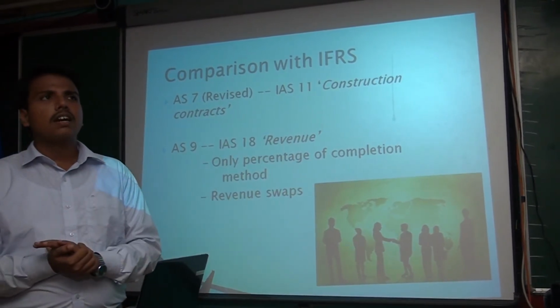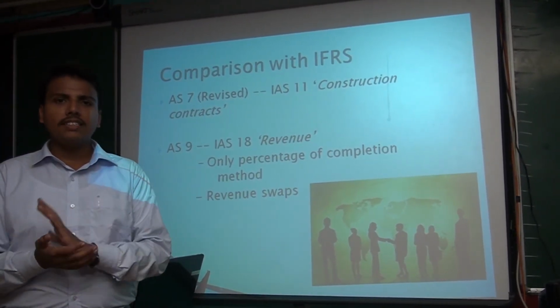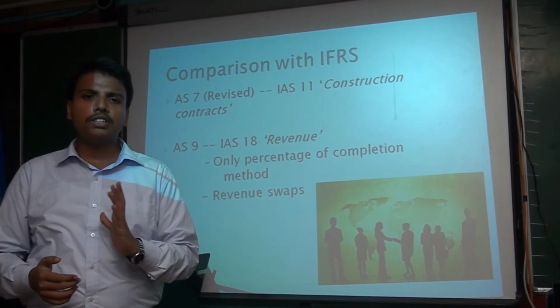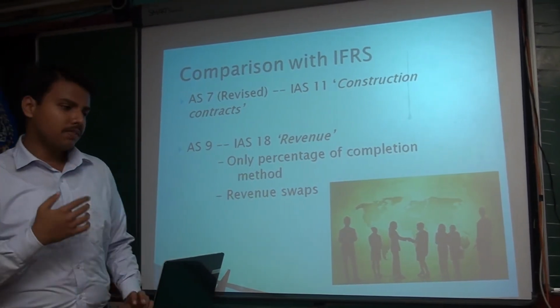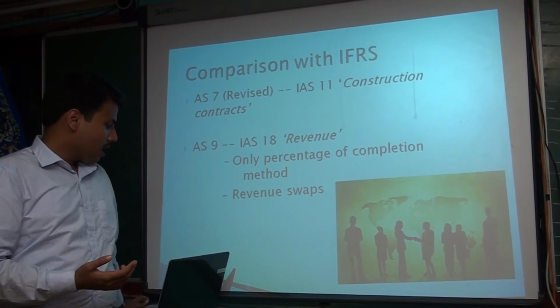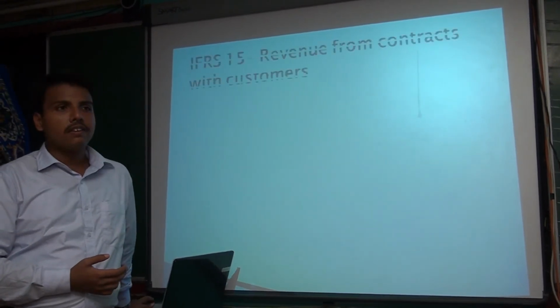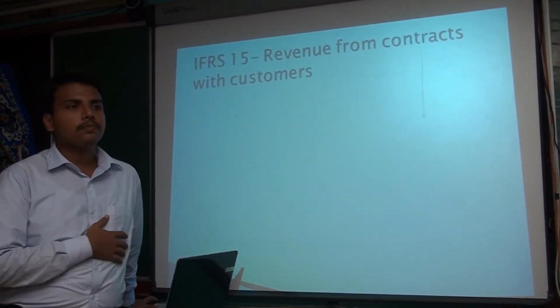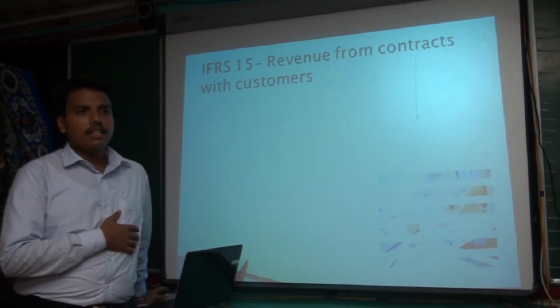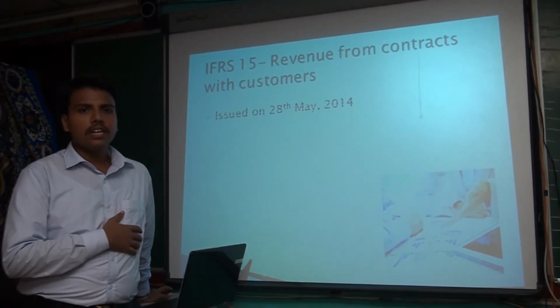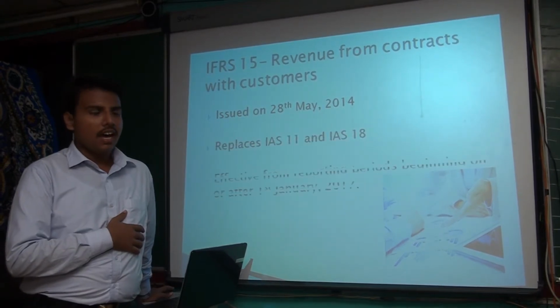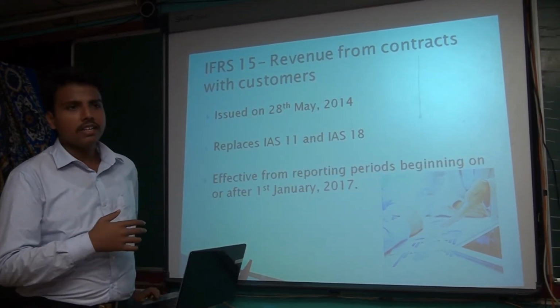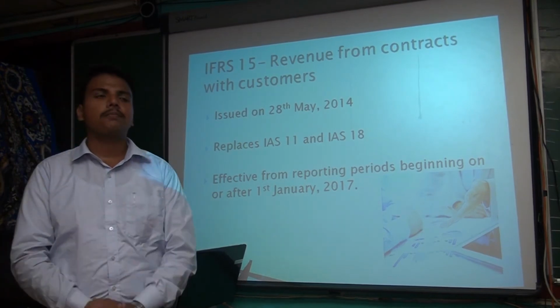Going forward, IAS 18 and IAS 11 are soon going to be part of history because of the next big thing on the game, IFRS 15, revenue from contracts with customers. This standard, the new one, was issued on 28 May 2014, and it replaces IAS 18, IAS 11, and many other revenue recognition literature globally.